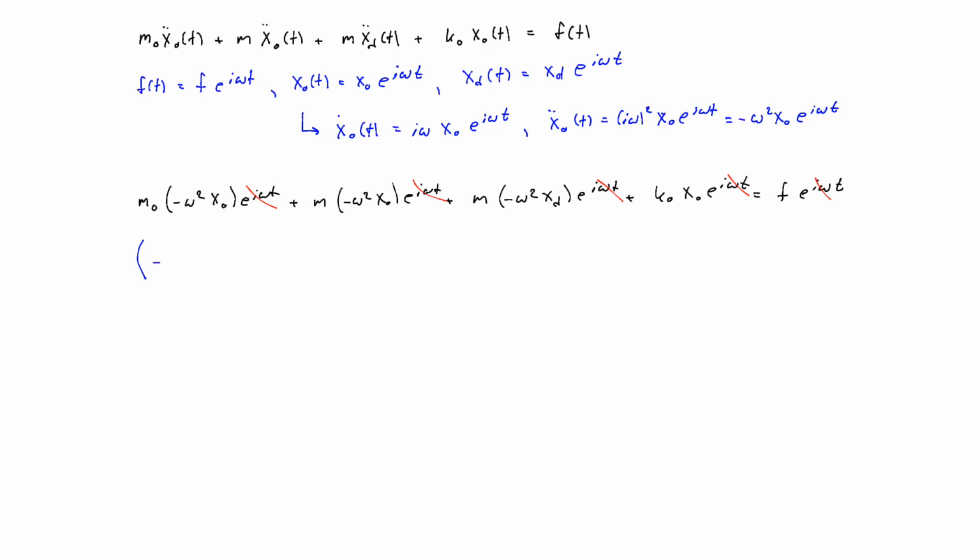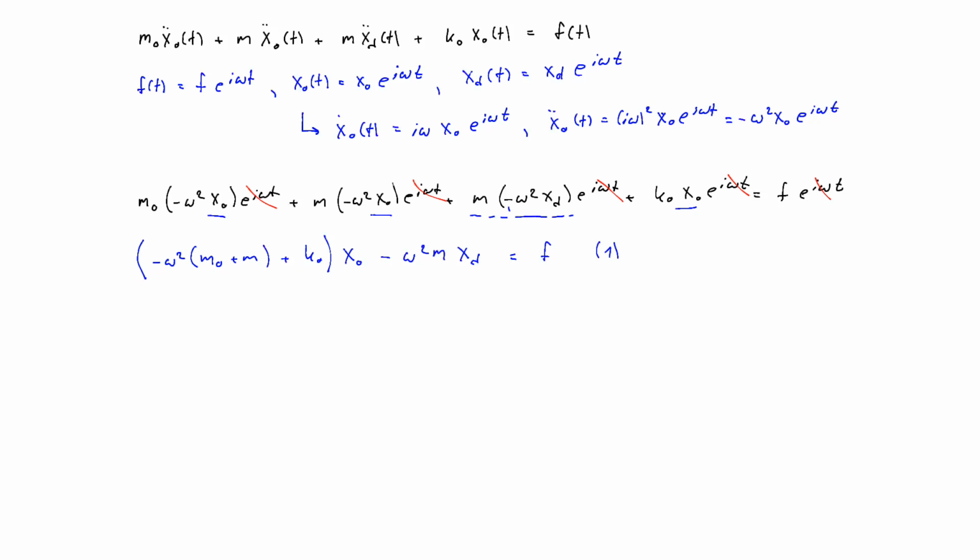A first term where we collect everything that is proportional to the structural amplitude x0, that is the first two terms, and we also have a stiffness term. Then we have a second term where we actually do not need plus, because the xd term only contains the minus, so it's minus omega squared m xd, and we will have f on the right hand side. So this is our first frequency equation.